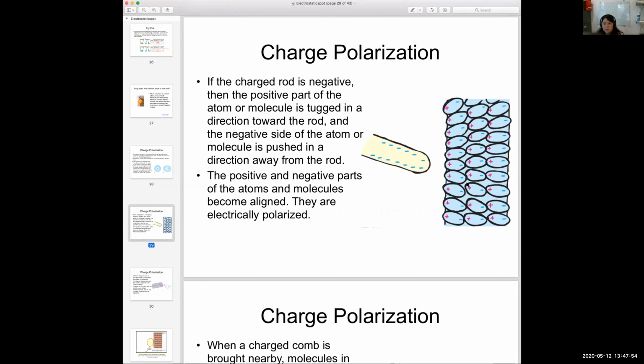The entire object is still electrically neutral, but you can separate the charges so that one side is positive and the other negative.